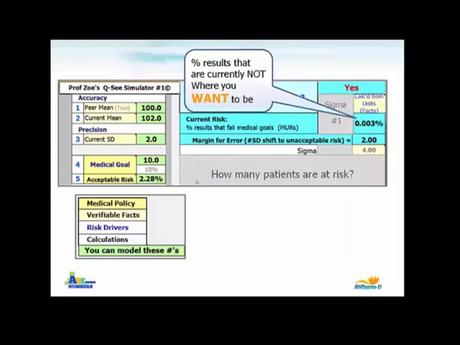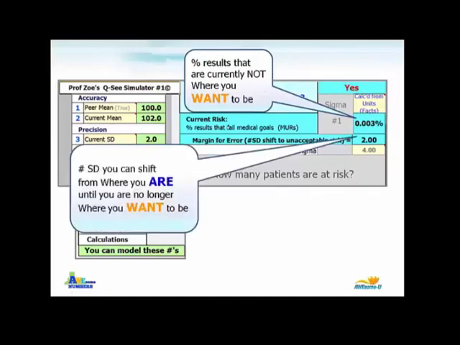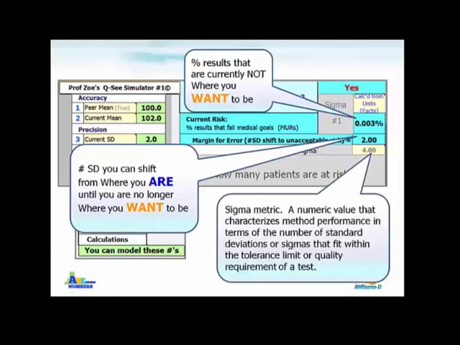With those numbers, you can mathematically calculate the percent of results that are currently not where you want to be. You can calculate the number of SD that you can shift from where you are now until you're no longer where you want to be. Or you can do what's currently recommended today, and calculate a sigma metric.